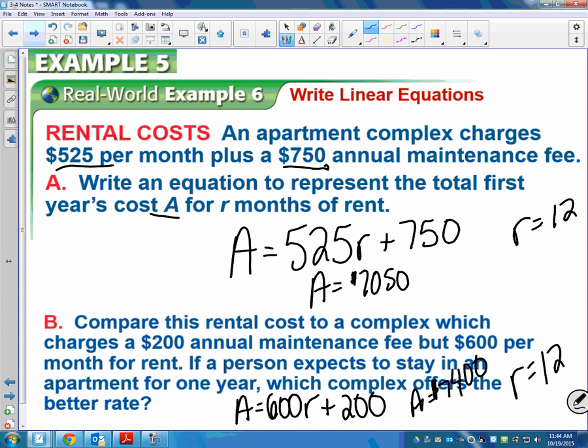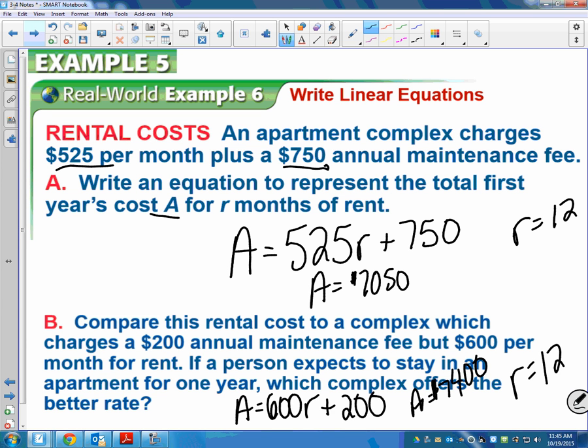Can you think of a reason why maybe someone would choose to live in the second one, even knowing the first one is cheaper? In the sheet, it could be very crappy. That's definitely a reason. Anybody think of another reason you would choose the one that you even have to pay more? You might not have enough money at first.